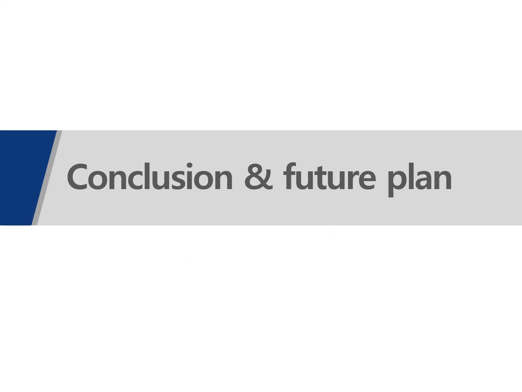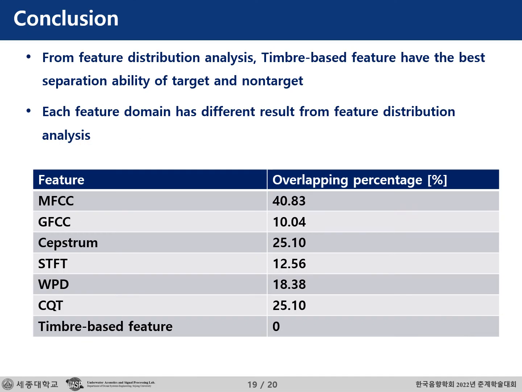Now I will discuss the conclusion and the future plan. From the feature distribution analysis and its numerical results, the timbre-based feature has the best separation ability with no overlapping area at all. However, each feature domain has different results, so we can conclude which feature domain should get priority for the active sonar target classification for the next step.